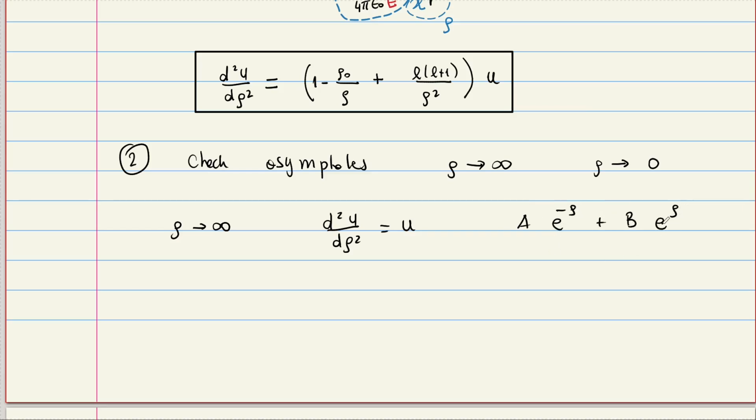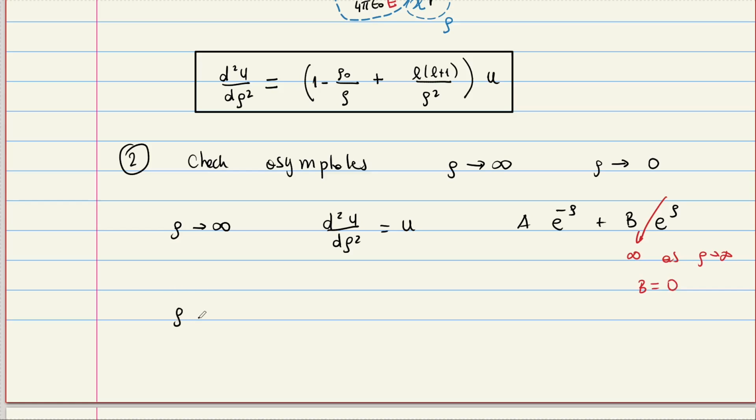They both solve the equation. But this term blows up, so goes to infinity as rho goes to infinity. Then we take b equal to 0. Okay? So as rho goes to infinity, we have exponentially decaying solutions.